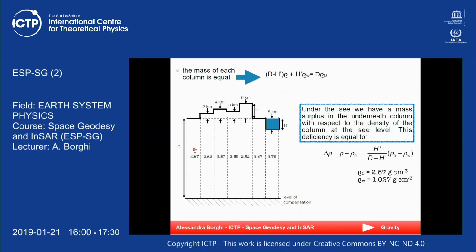So if you want to compute the effect of this compensation, you have to consider this variation in the density. You use the same approach that we have seen before, where I model all my parallelepipeds with this density variation.